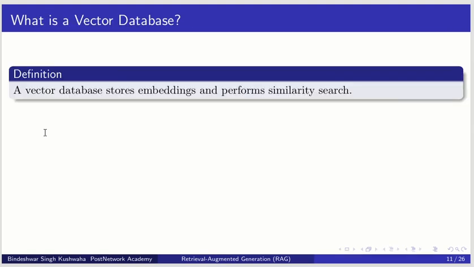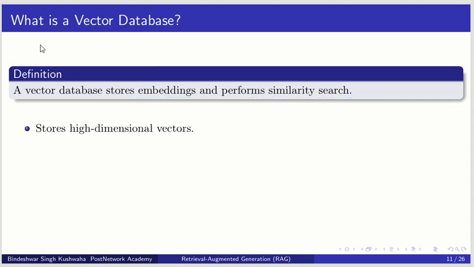Now, what is a vector database? That is also a part of RAG. A vector database stores embeddings. Like SQL stores tables, a vector database stores embeddings and performs similarity search.